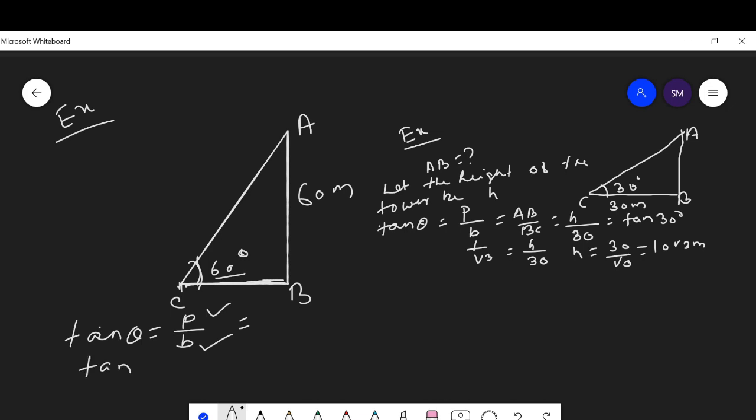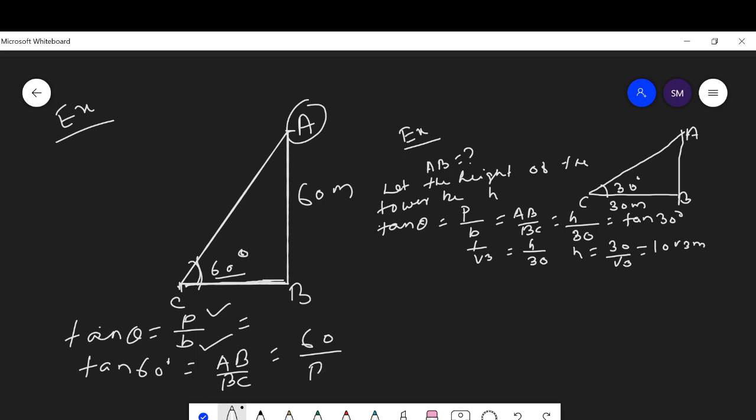Then tan 60 degree is equal to AB upon BC. Here the height AB is given because the kite is flying 60 meter above the ground, so AB is 60 meter.